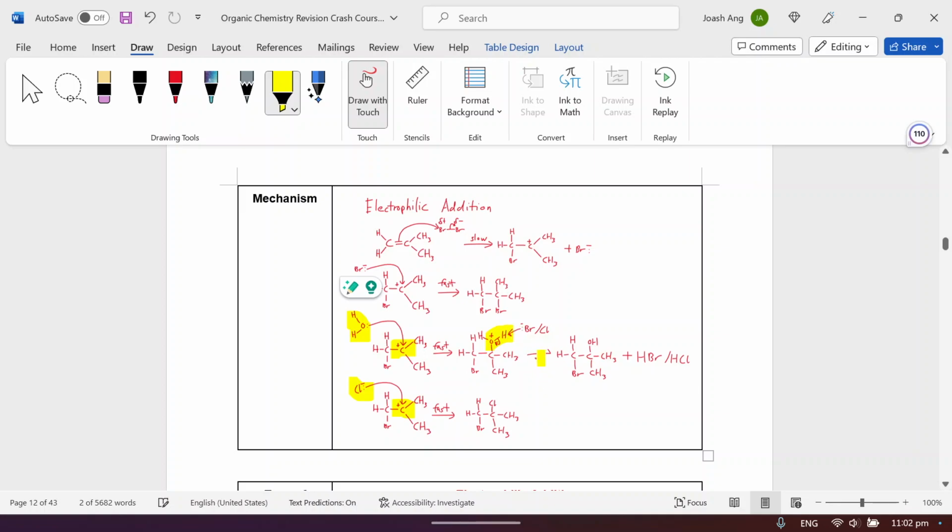To do that, I will use bromide anion or chloride anion, or you can also use water. There's a lone pair. You attack the hydrogen right here so that I can heterolytically break the O-H bond.